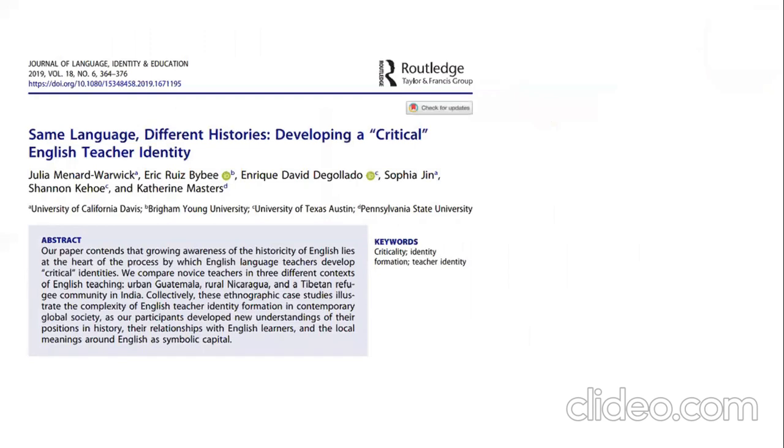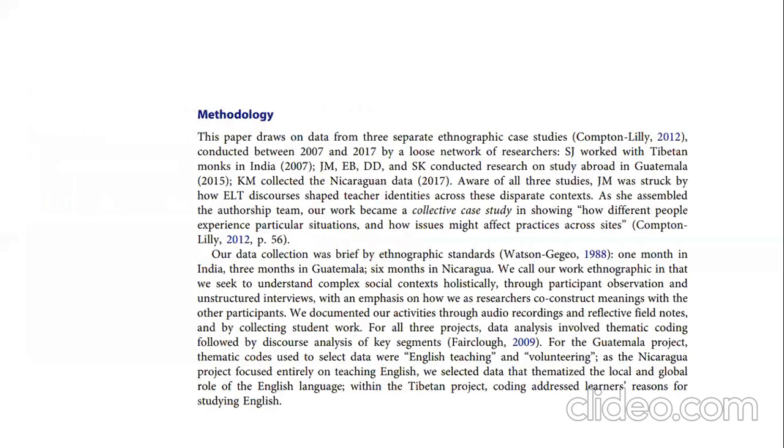This is an example of observation used in some research. This is from the Journal of Language, Identity and Education. Here we know that Same Language, Different History: Developing Critical English Teacher Identity is using observation, in an ethnographic methodology.